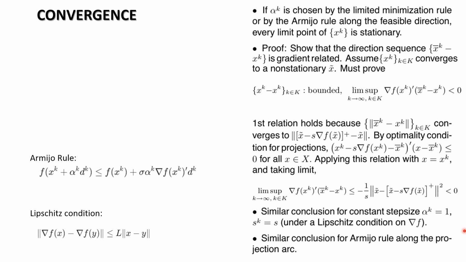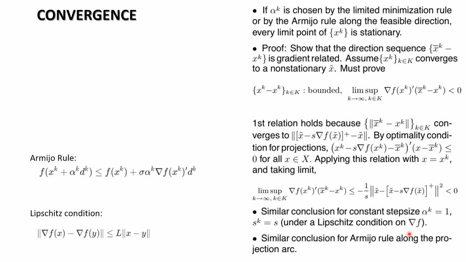Like additional notes, I can tell this: if we have constant step size and sk is equal s, assuming Lipschitz conditions on the gradient of f, it also holds when using Armijo rules along the projection arc.